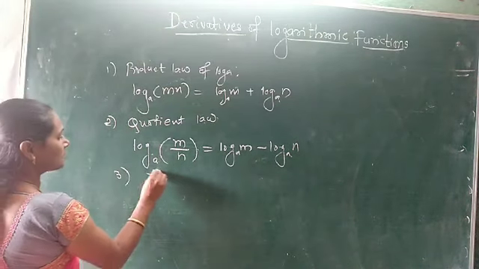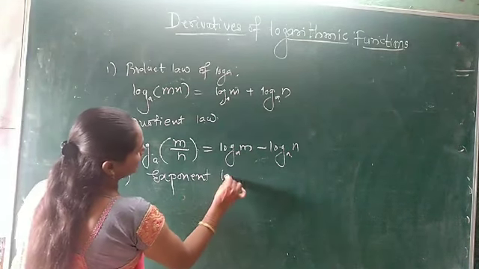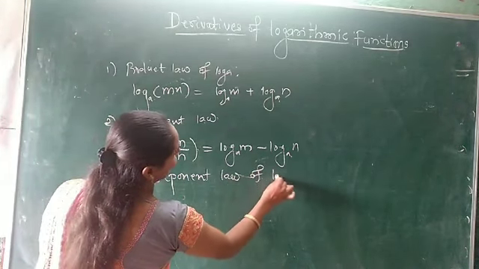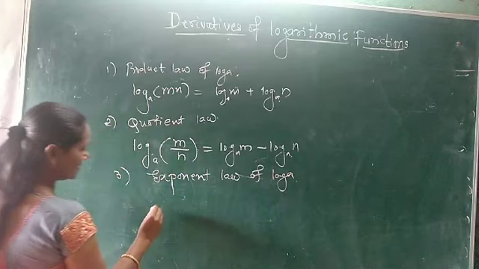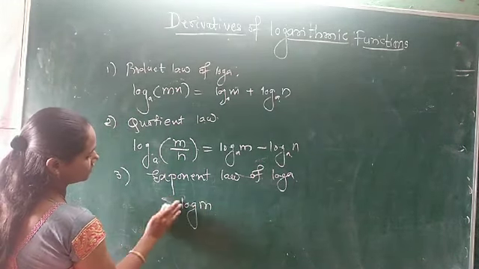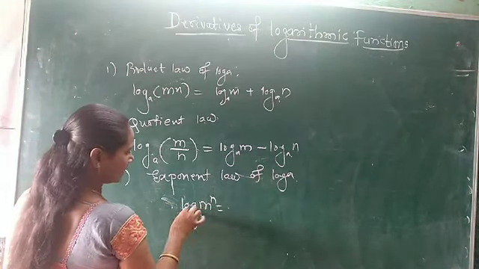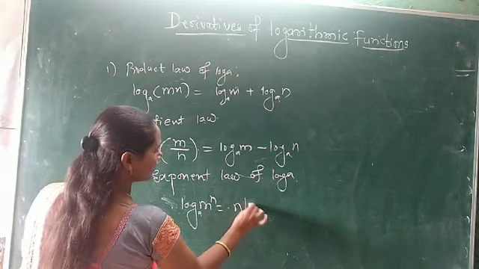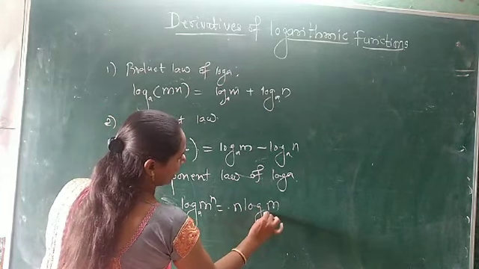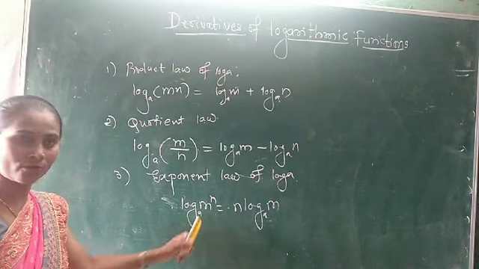Third one is the exponent law of logarithm: log m raised to n, with base a, is written as n into log m with base a.